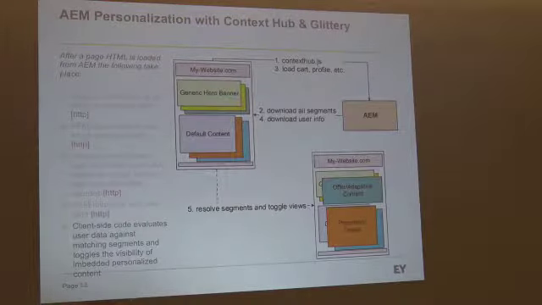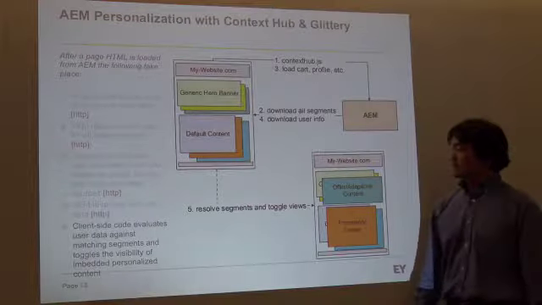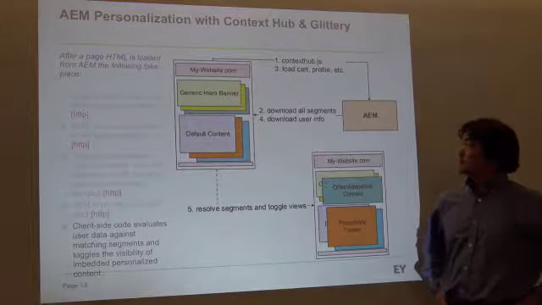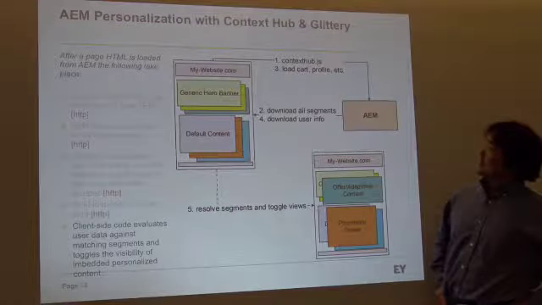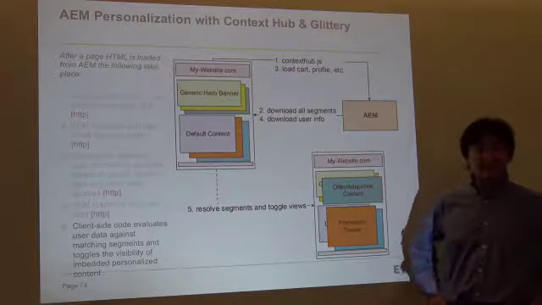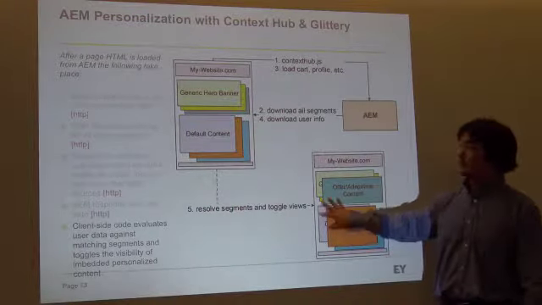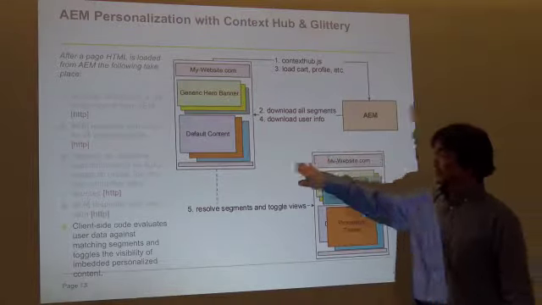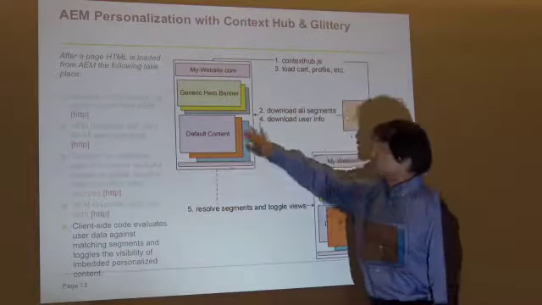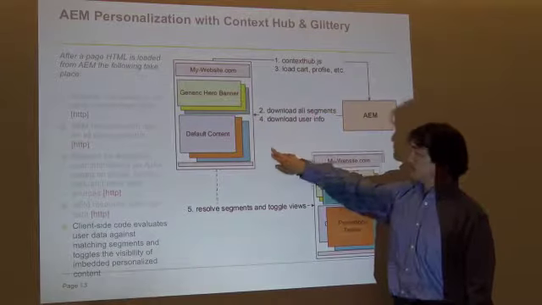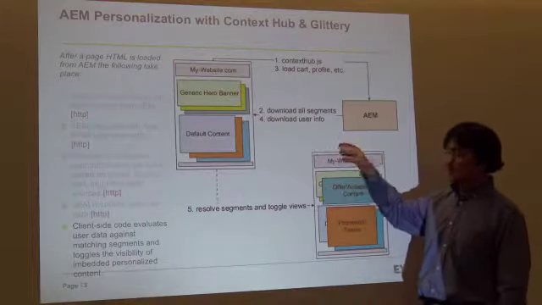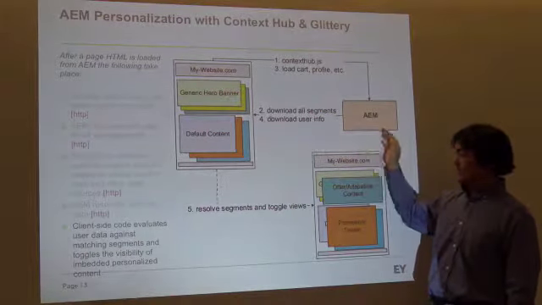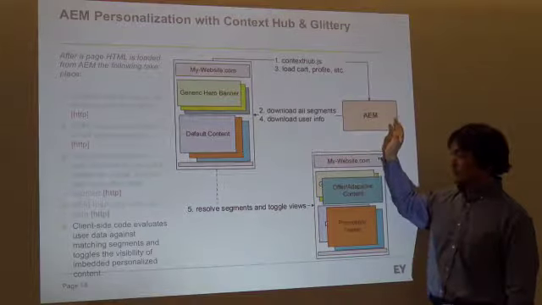So what have we done with Glittery? We have two implementations of Glittery. First is using Context Hub. Because we're using Context Hub, steps 1, 2, 3, and 4 are going to be the same. But there's no fifth request or sixth request that goes out to a third party or back to AEM.